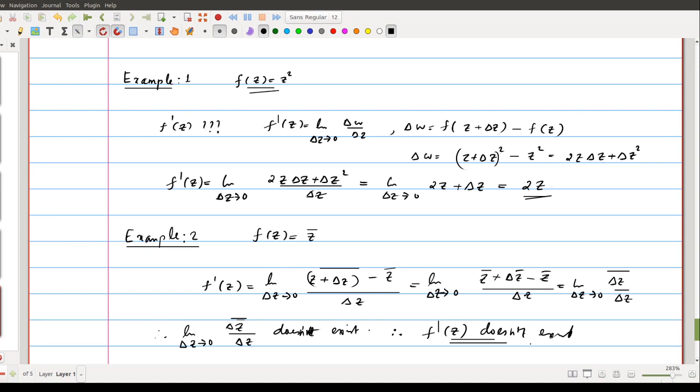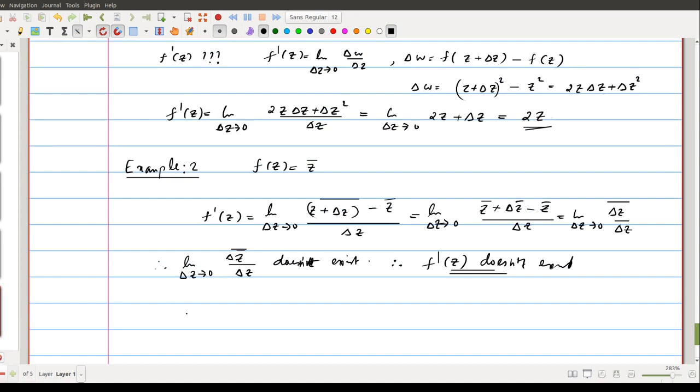I'm not going to prove all these properties of derivatives of complex functions, so please go through it. All the properties are given in the textbook. And one thing you should remember is the chain rule also holds in complex analysis, the same as in real analysis.